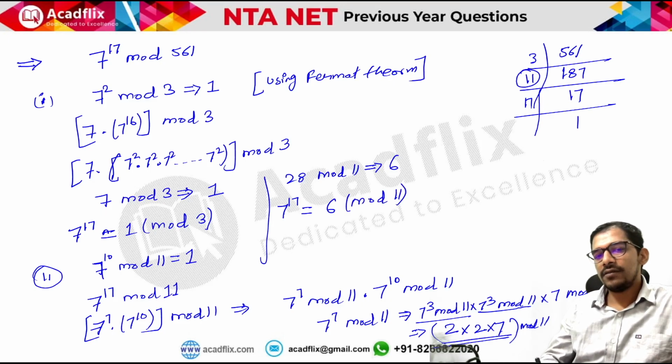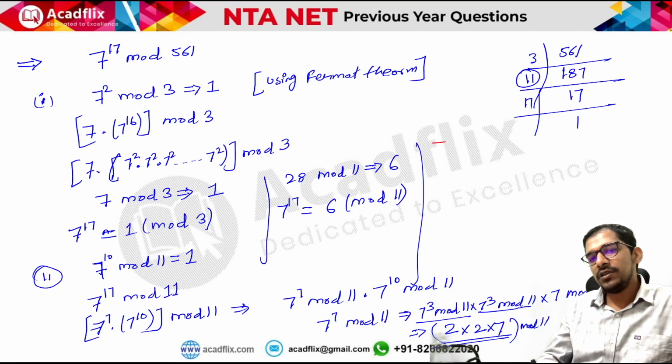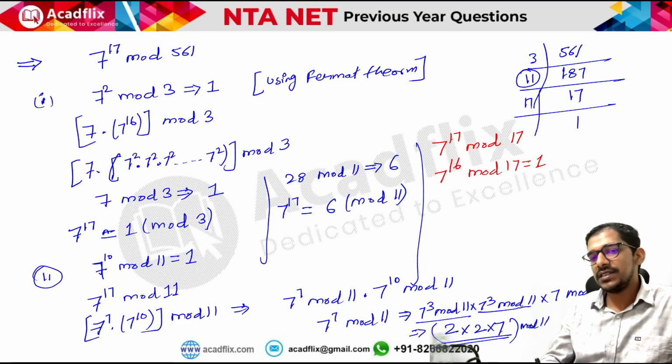Same thing we need to find out for 17. For 17 it is very easy. We need to find out 7 to the power 17 using mod 17. So using Fermat's theorem, we can say that 7 to the power 16 mod 17 will be equal to 1, where p is equal to 17, so p minus 1 is 16.